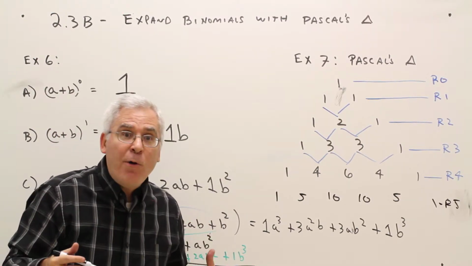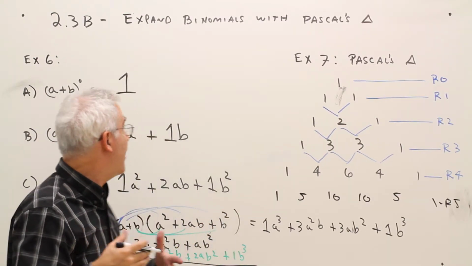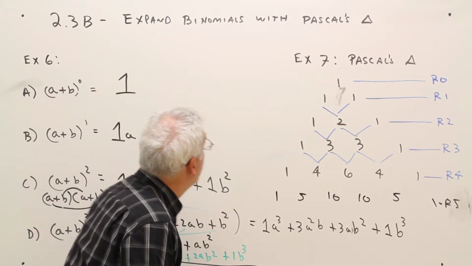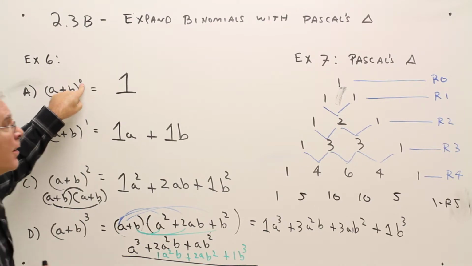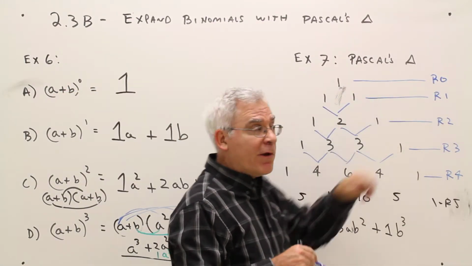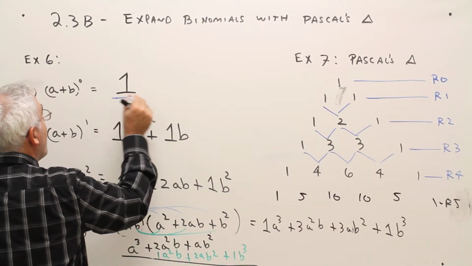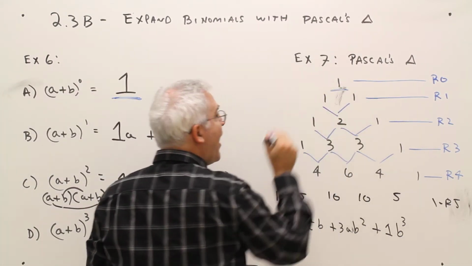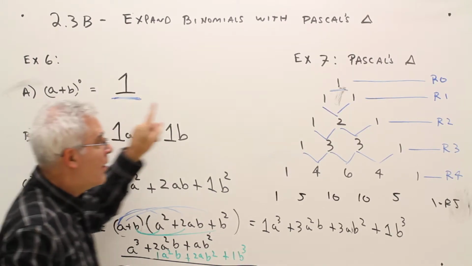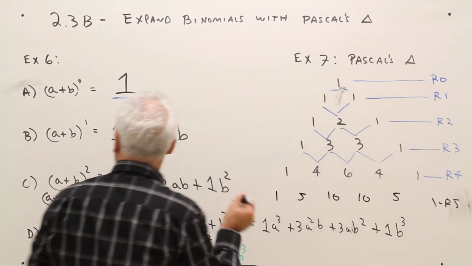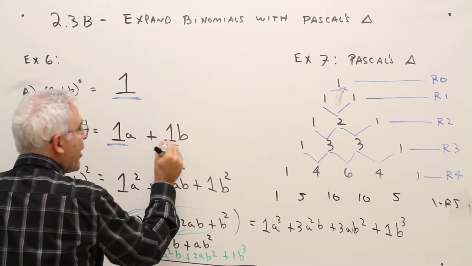Okay, now let's see if I can see a connection here. Oh, I raise this to the 0th power. I've got a row 0. I've got a coefficient of 1. And I've got a 1. I raise this to the 1st power. I'm in row 1. I've got a 1 and a 1.